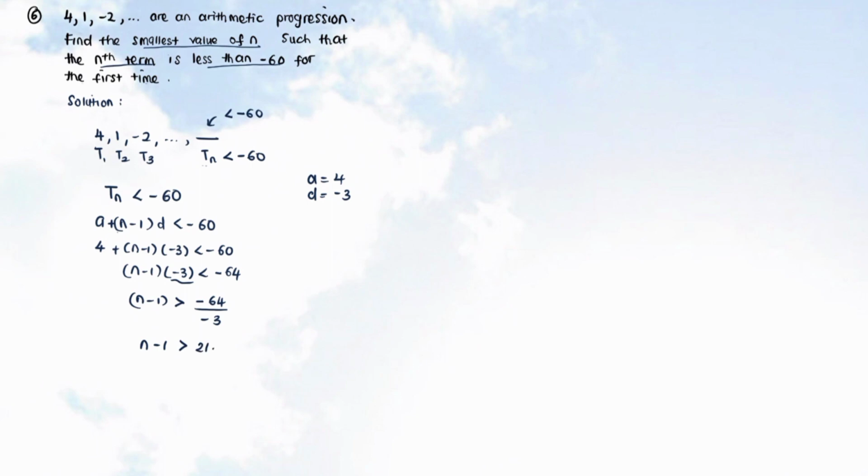So n minus 1 is greater than 21.33, plus 1, n is greater than 22.33, hence n is equal to 23. Let's check. T23 is equal to 4 plus 22 times negative 3, which is negative 62, less than negative 60.